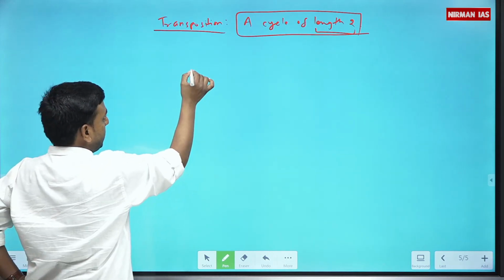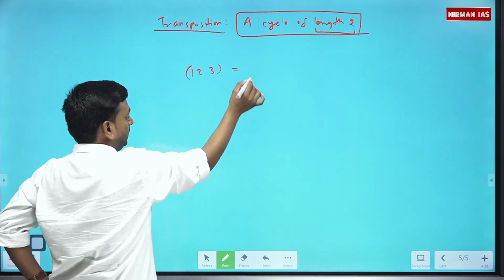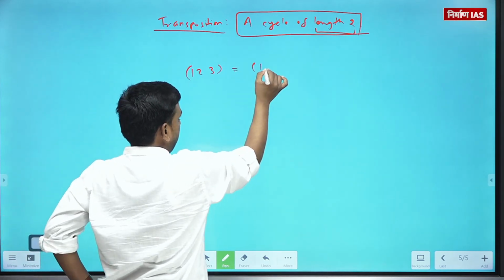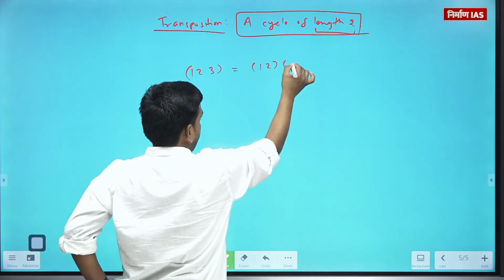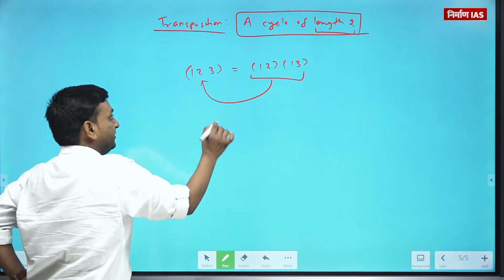When I say (1 2 3), please check whether it will give the same result as this.